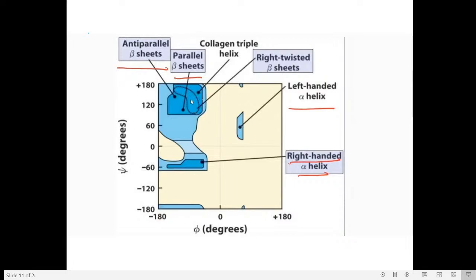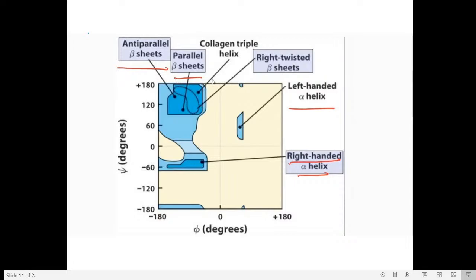The center portion has 3 points here. You want to note that this lower region means the parallel beta sheets. Then this intermediate region represents the anti-parallel sheet. The right twisted beta sheets are in this top.